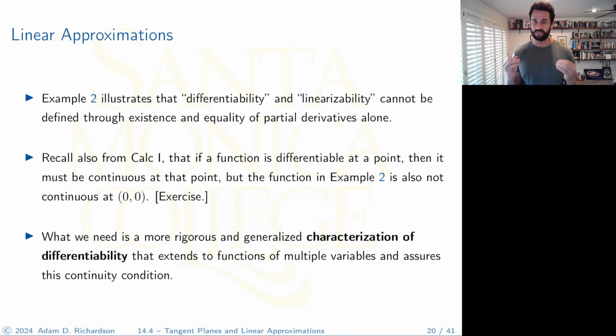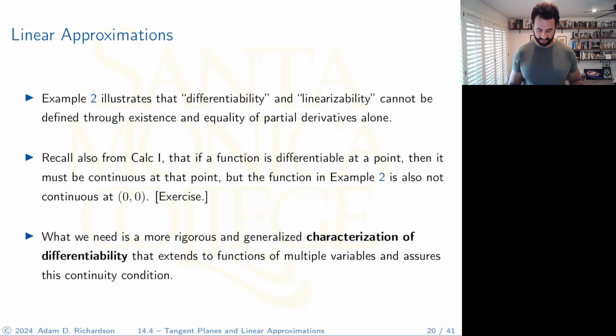That was one of the big results back in Calc 1. Differentiability implies continuity. But here, the function we just looked at, xy over x squared plus y squared, is not continuous at 0. You can check it out. It will not be continuous at 0. I leave that as an exercise. You try that on your own.